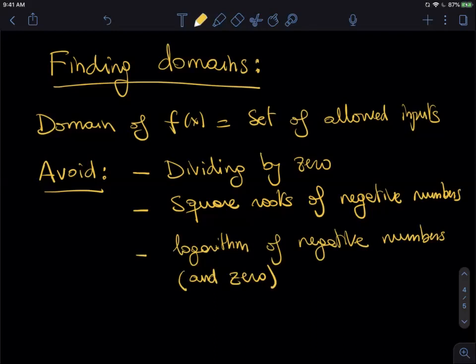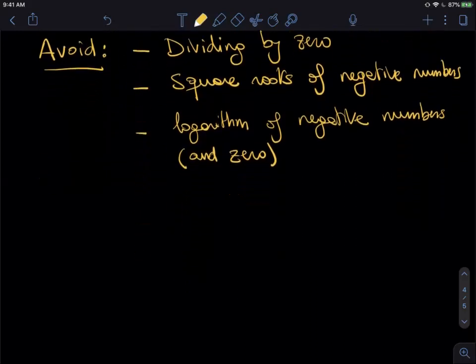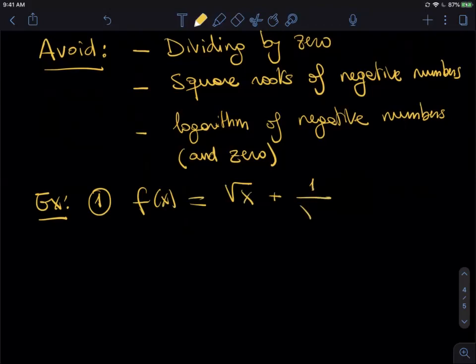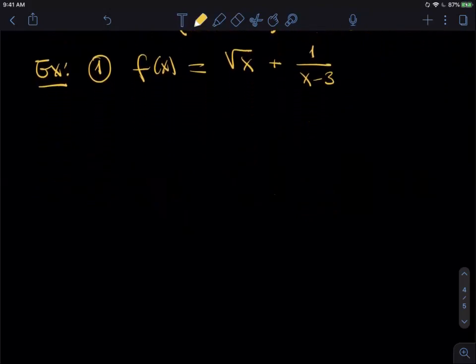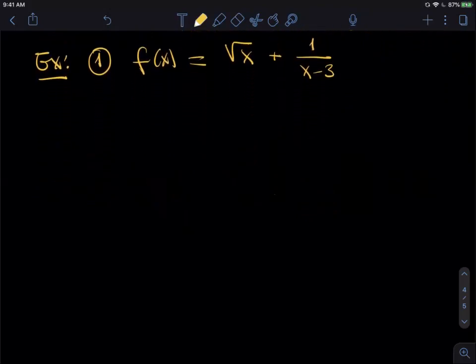So let's do some examples. Let's do first a function that is the square root of x plus 1 over x minus 3. So my recommendation here: you look at this function and you say, oh, it has two main parts, right?